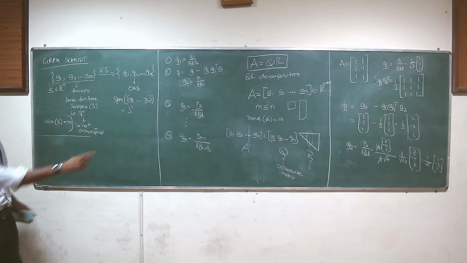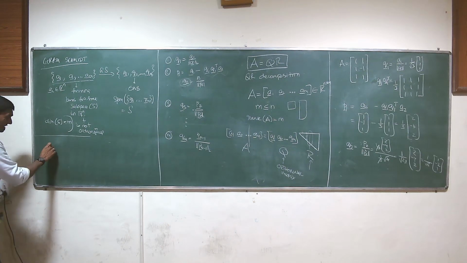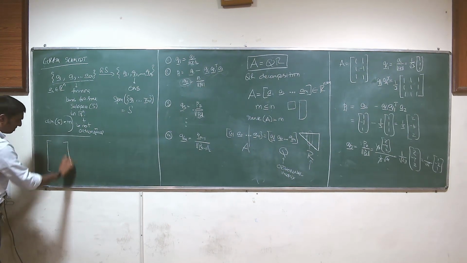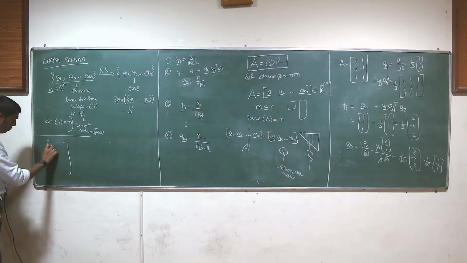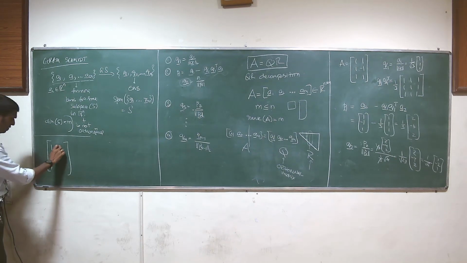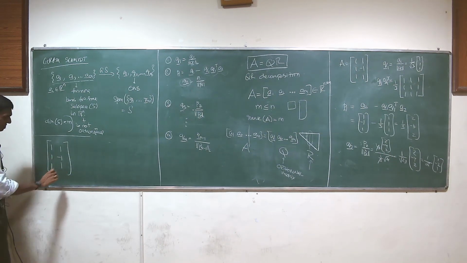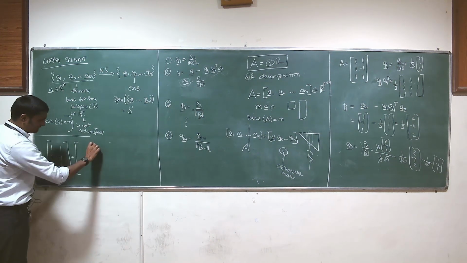Right. So now, we've got Q1 and Q2. That means we can write the QR decomposition, right? Or at least we can attempt. So A is 1, 1, 1; 1, minus 1, 1. What is Q?